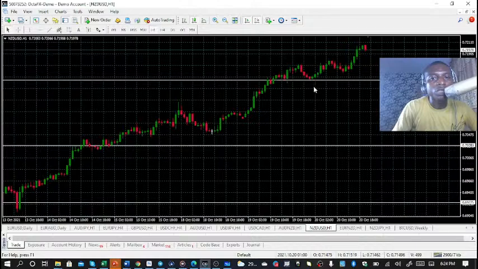If the New Zealand dollar is stronger than the US dollar, and you now check euro, look at this, New Zealand dollar and US dollar is going up.